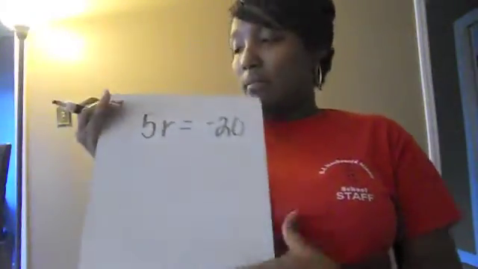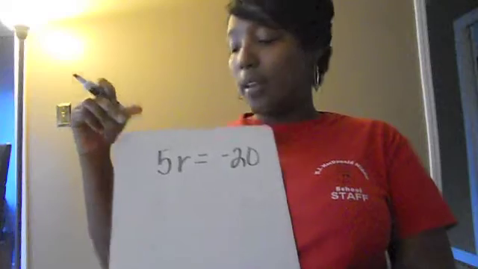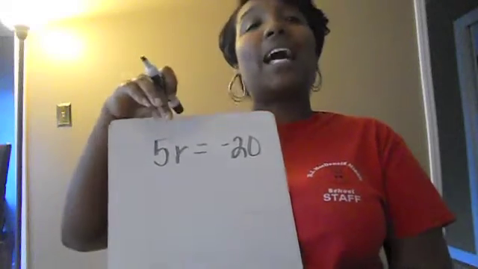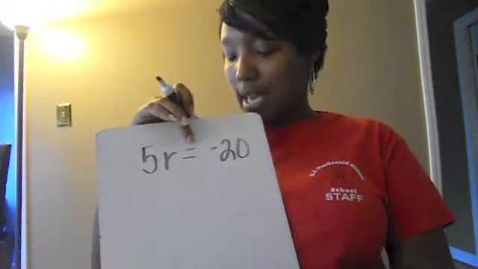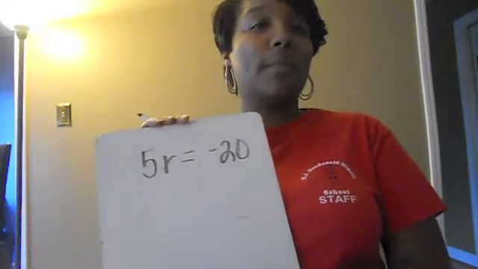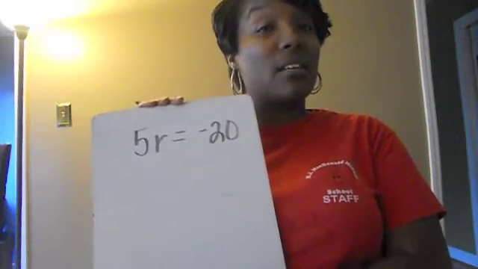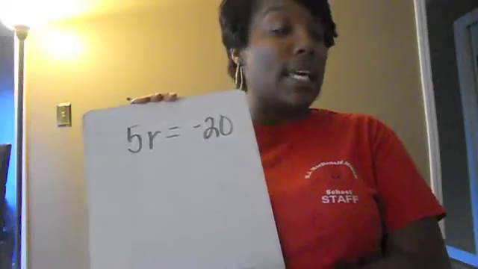All right? Okay, let's read. 5 times r equals negative 20. Okay, the opposite of multiplication is division. So we're going to divide both sides by 5.